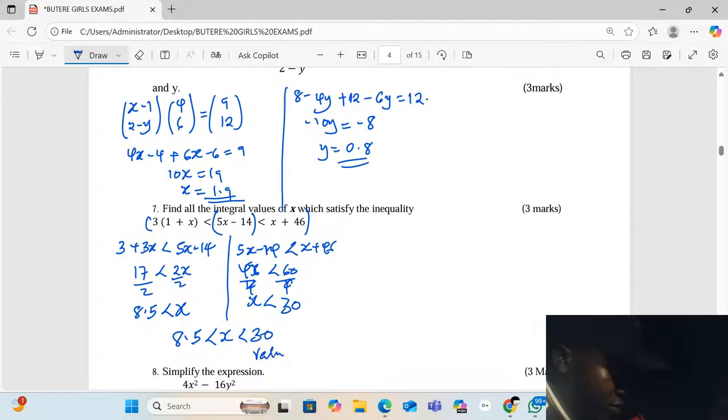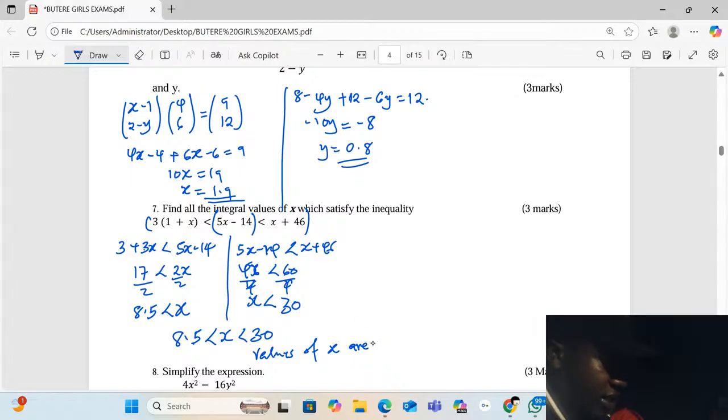So x is greater than 8.5, but the same x is less than 30.